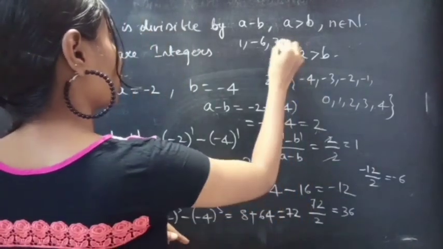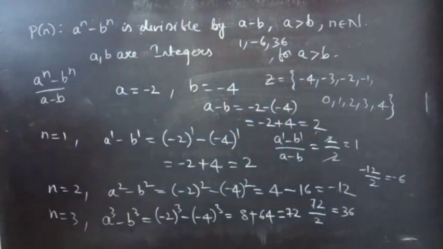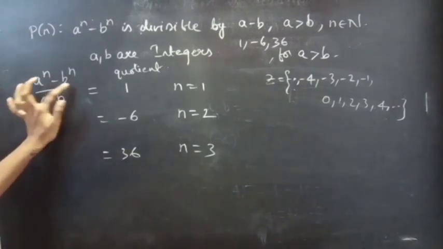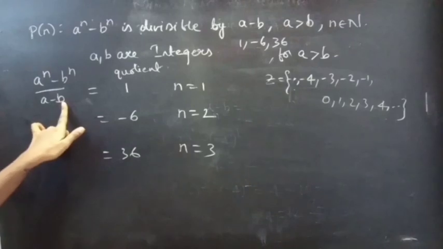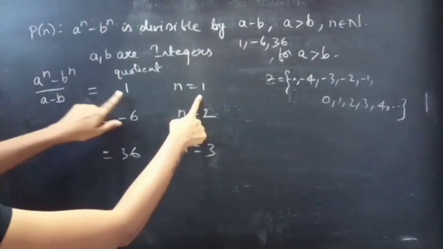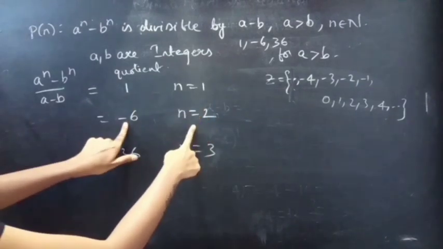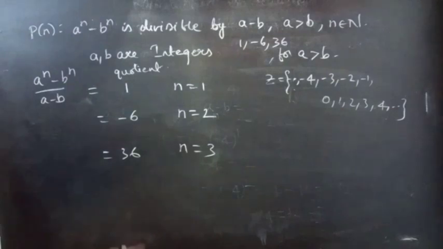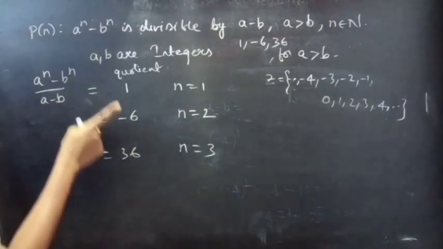Okay. So when a power n minus b power n is divided by a minus b, for n equals 1 you'll get quotient 1, for n equals 2 you'll get minus 6, and for n equals 3, 36 is your quotient, right? So here you have 1, minus 6, 36.